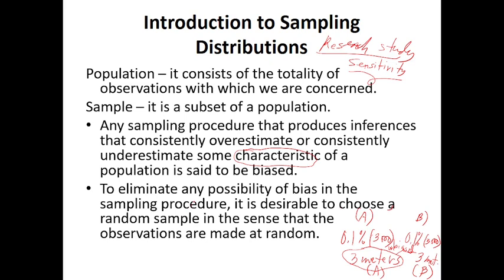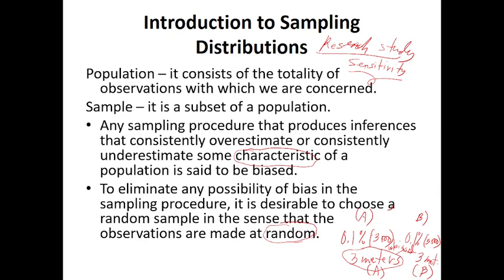So, in the sense that the observations are made at random. Okay? Pag sinabi natin random, whether you like it or not, kung yun ang nabunot mo, dapat yun. Kung yun yung meter na nabunot mo, dapat yun ang iselect mo.